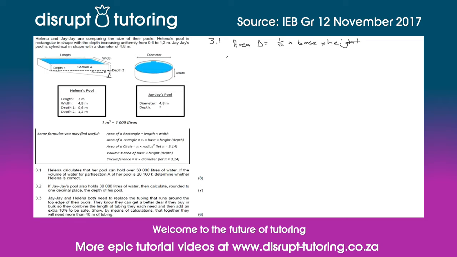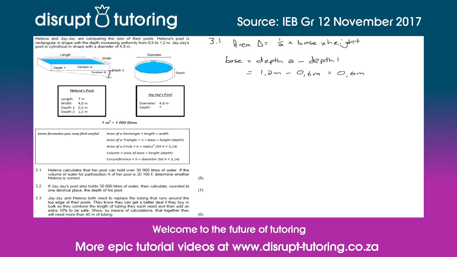They've told us that depth 1 is 0.6 meters, and depth 2 is 1.2 meters. So it's going to be 1.2 meters subtracted by 0.6 meters, and in your calculators, this gives us 0.6 meters.